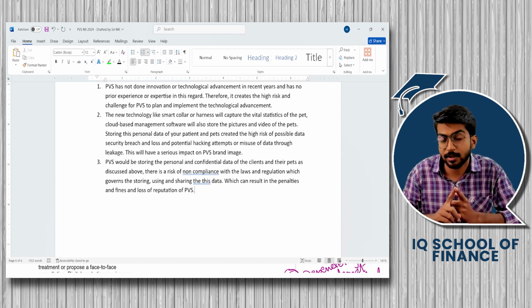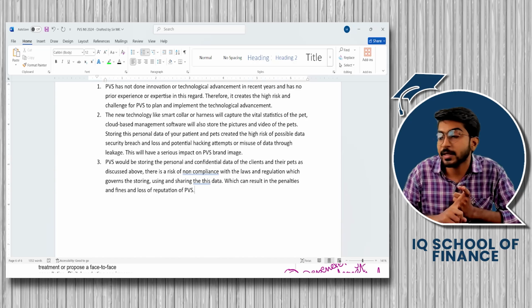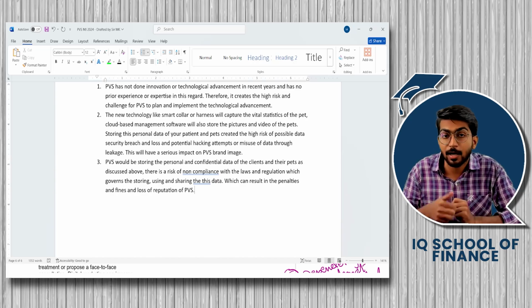Number one, it is not confirmed that PVS is storing without permission. Number two, if you are saying that they are storing without permission, then it is not a risk of non-compliance, it is a non-compliance. And the other thing is that you have written loss of revenue. It's not a loss of revenue, it's a loss of profits, because you are having fines and penalties, which will impact your profitability.